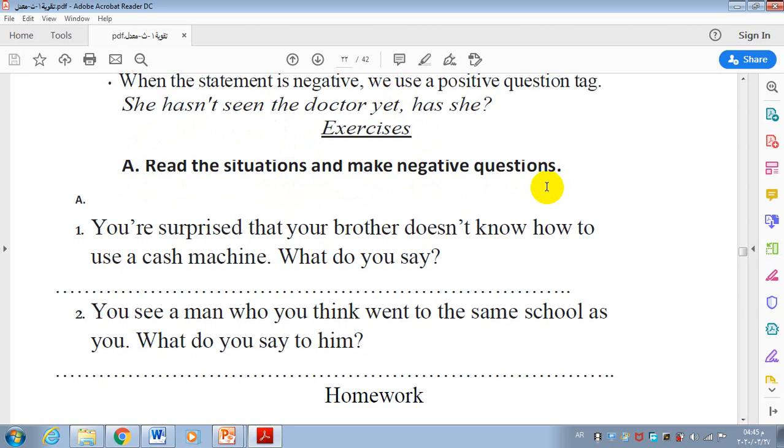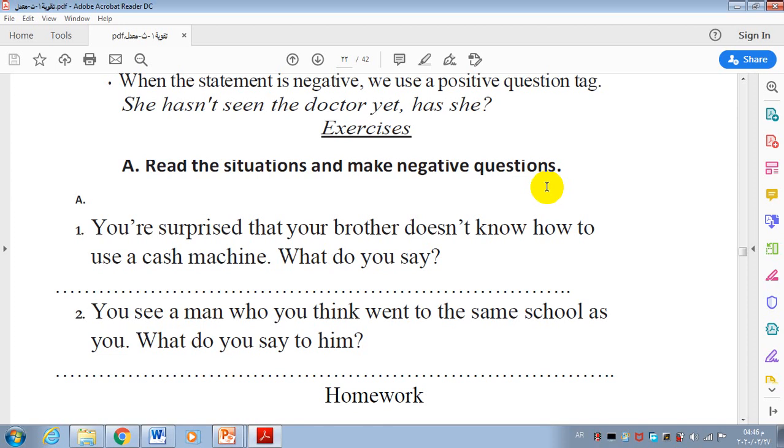As I told you before, there are two uses for negative questions. Number one, when we want to express surprise. Number two, when we expect the listener to agree with us.